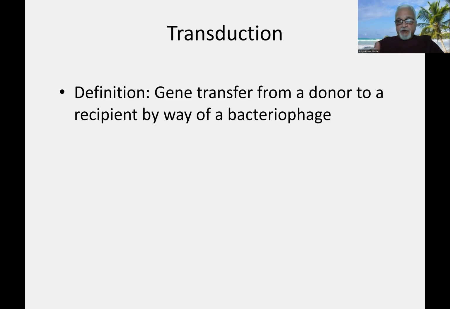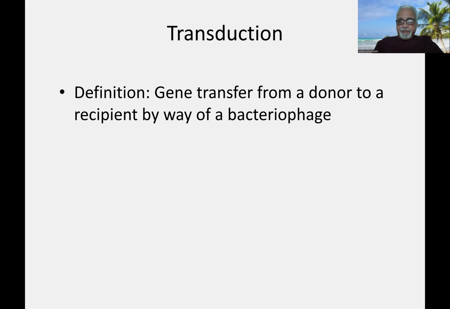Now, what is this bacteriophage which transfers DNA from donor to recipient cell? A bacteriophage is a virus which survives on bacteria, or in other words, which completes its life cycle inside bacteria, and while doing so, it kills the bacteria and the progeny viruses are released, and they infect other cells after that.